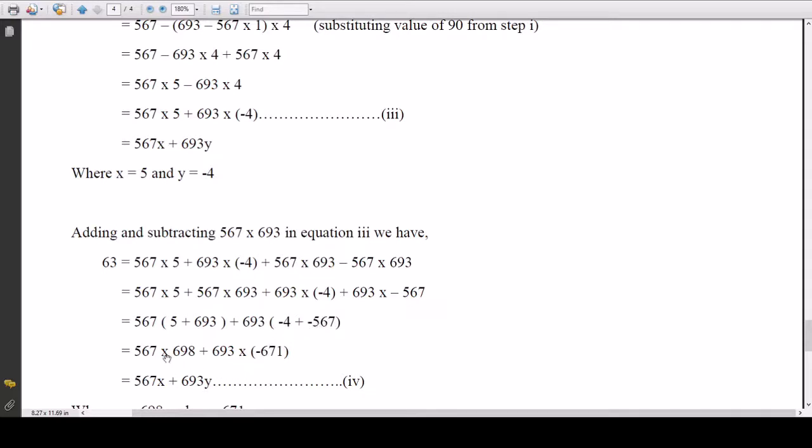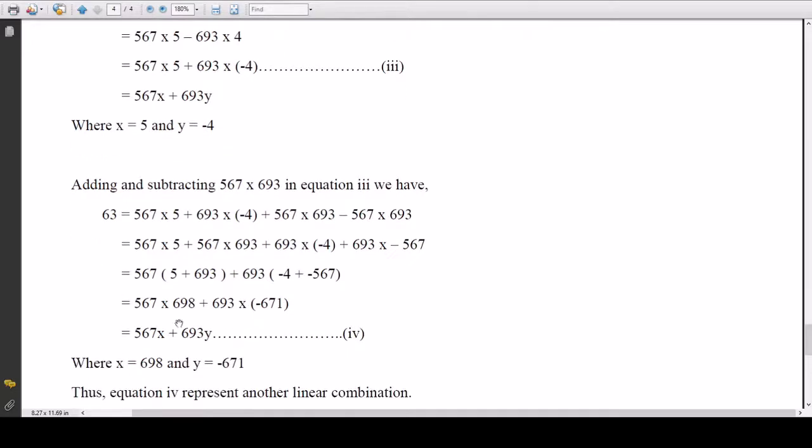Therefore, if you take 698 as x and minus 571 as y, you will get 567x plus 693y, isn't it?